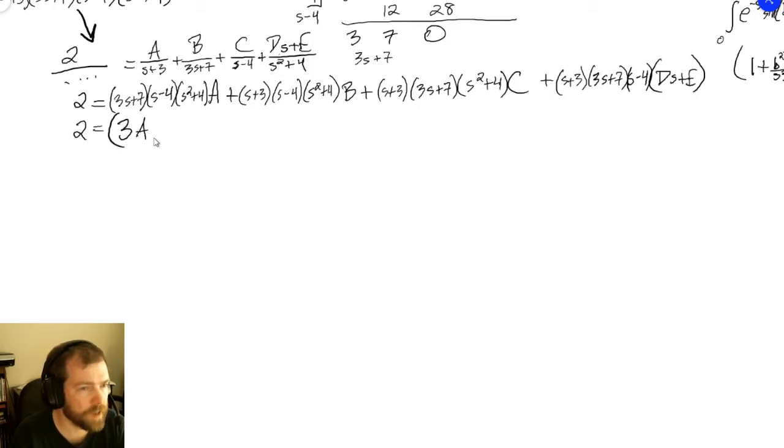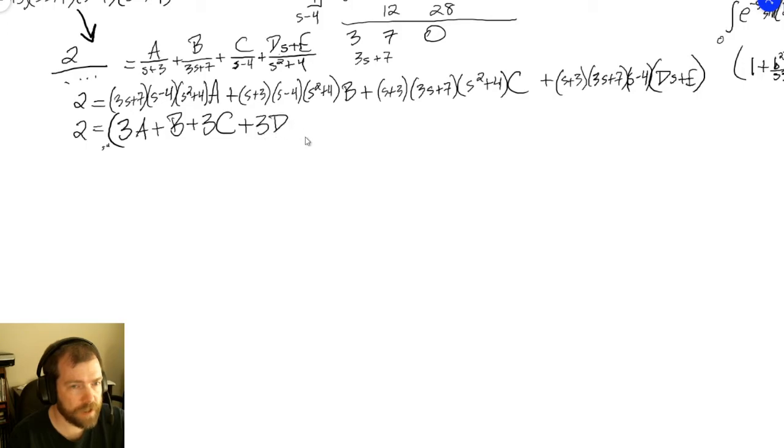This is all going to be the s to the fourth term. So all s to the fourths are going to be 3a s to the fourth plus b s to the fourth plus 3c s to the fourth plus 3d s to the fourth, and e does not get up to s to the fourth.